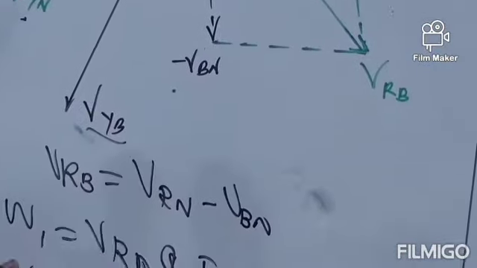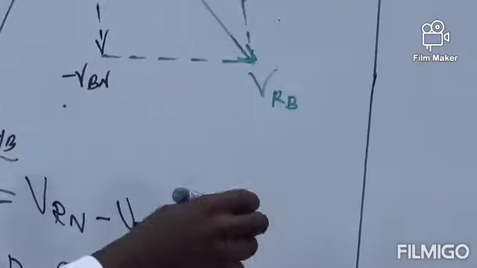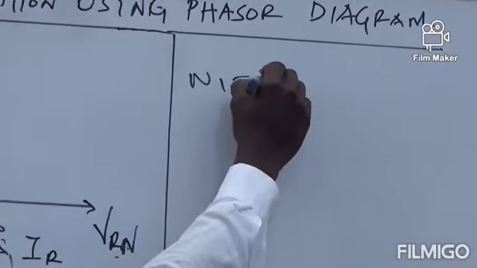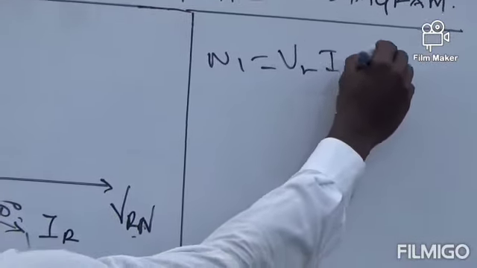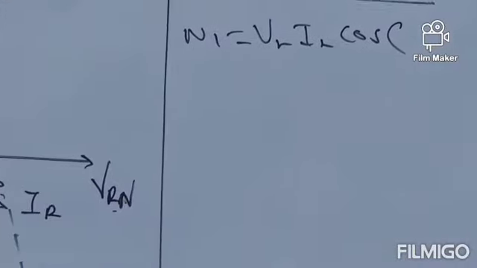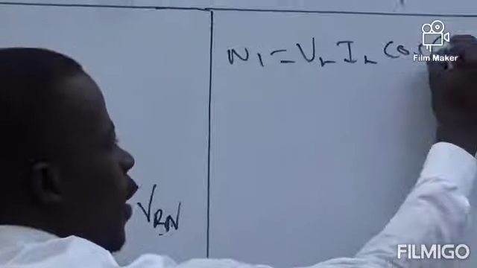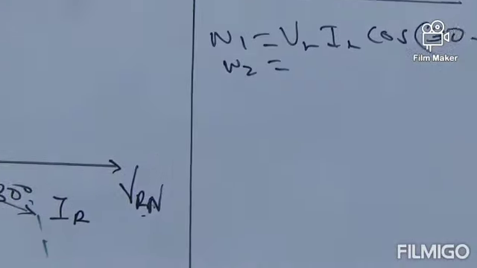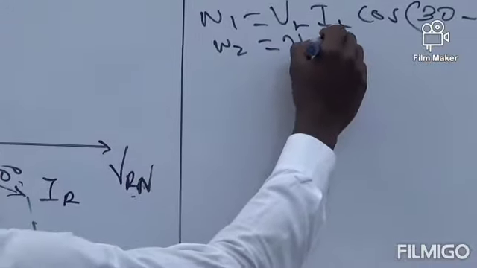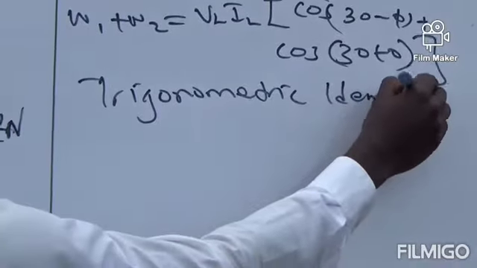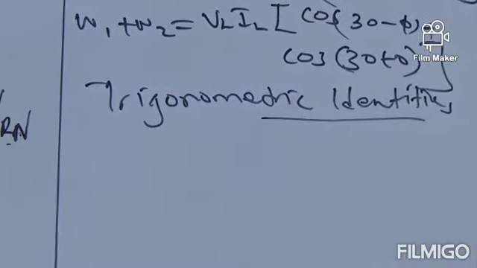So in other words, wattmeter 1 will be equal to VL IL cos(30 minus phi), and wattmeter 2 will be VL IL cos(30 plus phi).